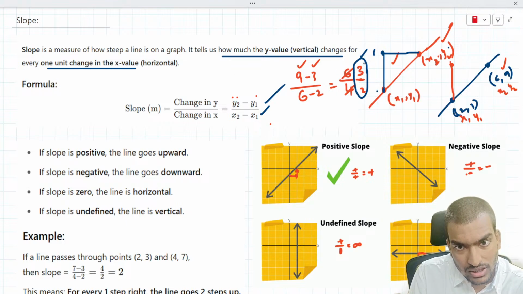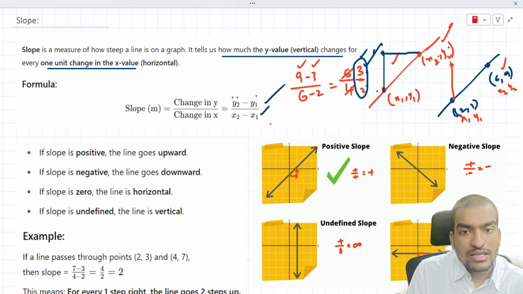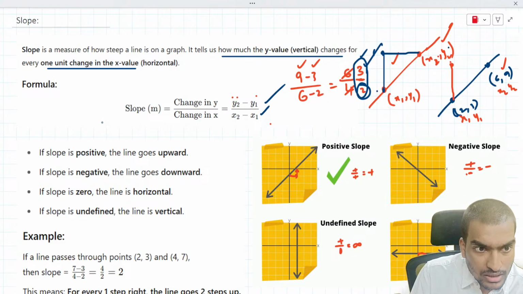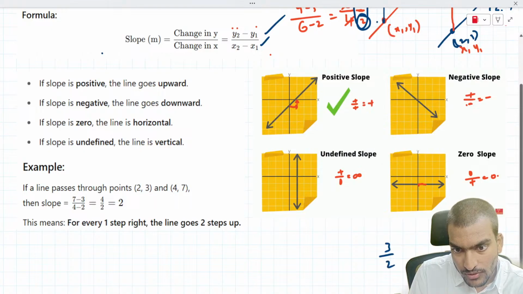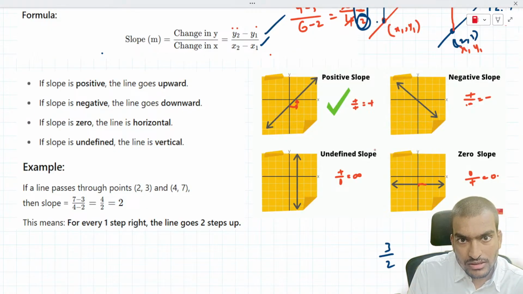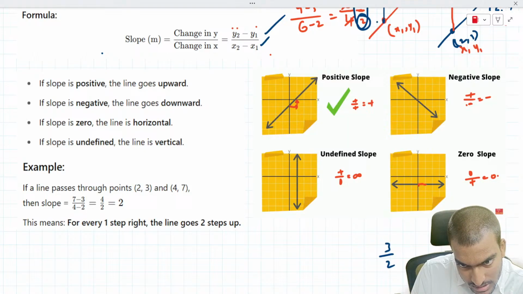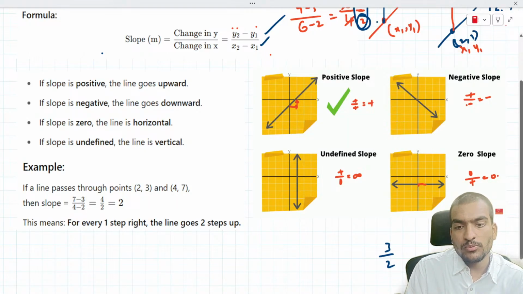For every 3 units change in y, there is a 2 units change in x. That is the steepness of the slope.